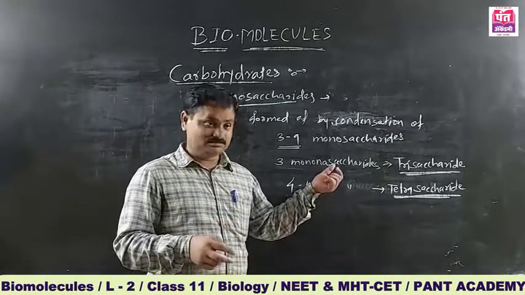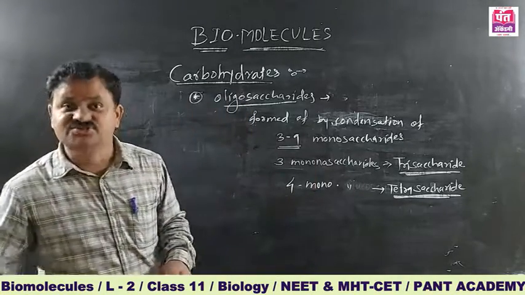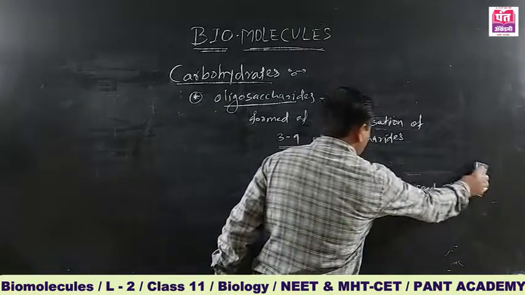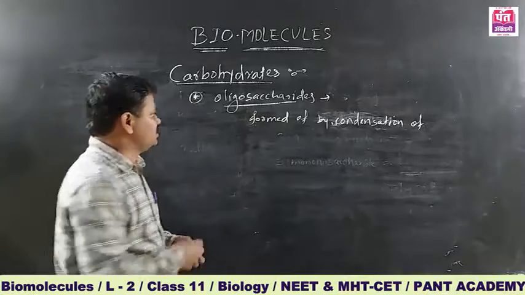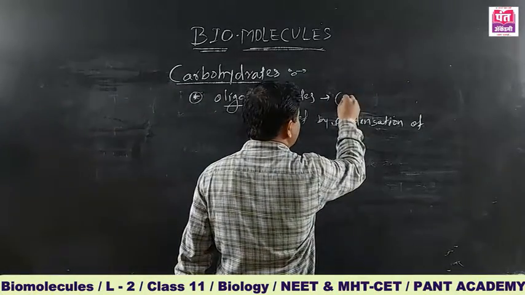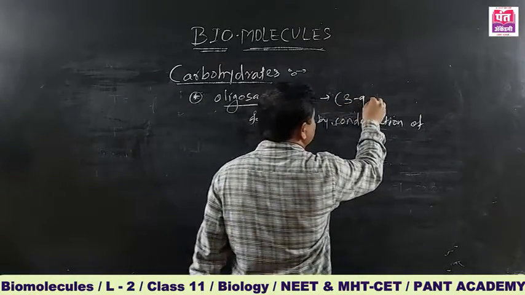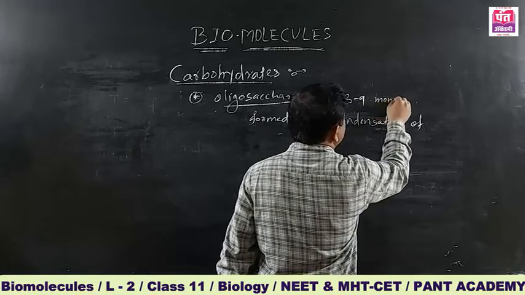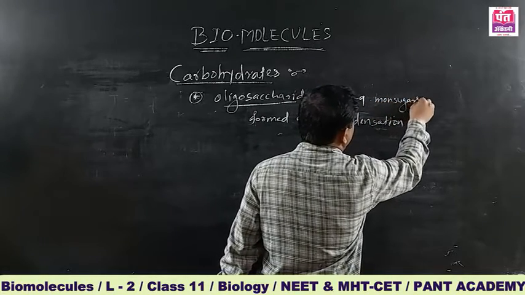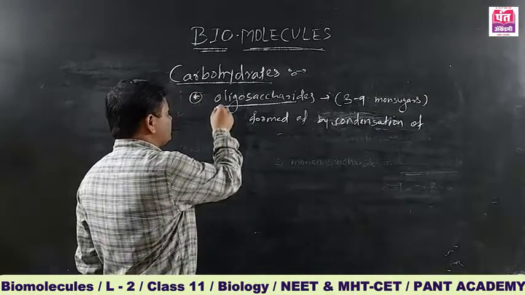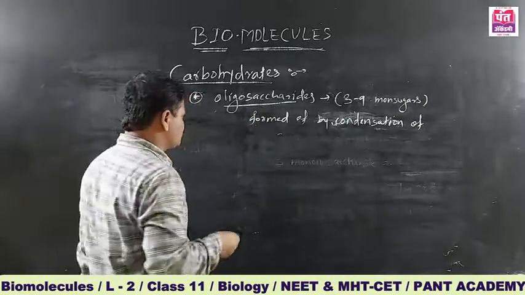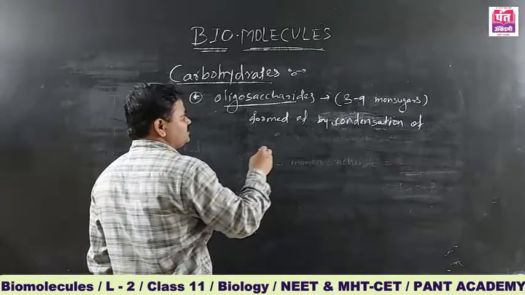But what is the example of a naturally occurring trisaccharide? Oligosaccharides are formed by condensation of 3 to 9 monosugars.